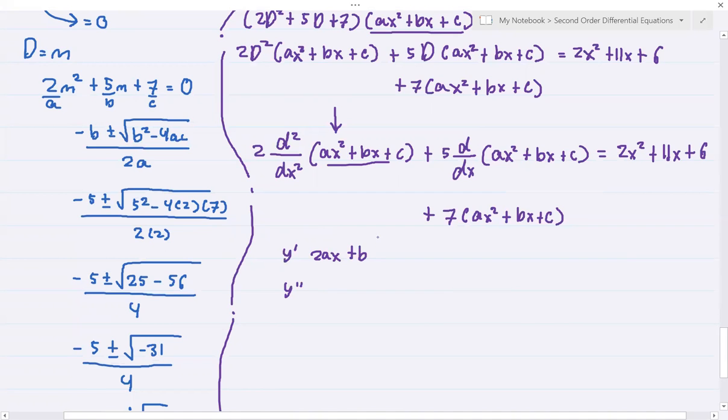And then if you get the second derivative, we get 2a. Okay, I'm correct. So the second derivative for ax squared plus bx plus c would be 2 times 2a. Okay, 2 times 2a plus the derivative for ax squared plus bx on this term will be 2ax plus b. Then let's copy the rest of the terms.